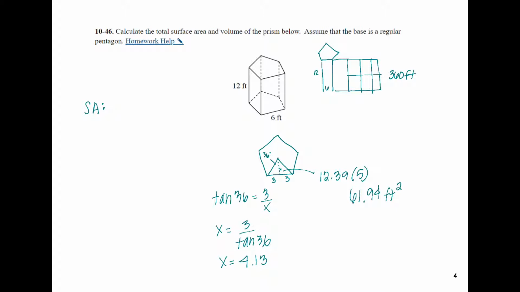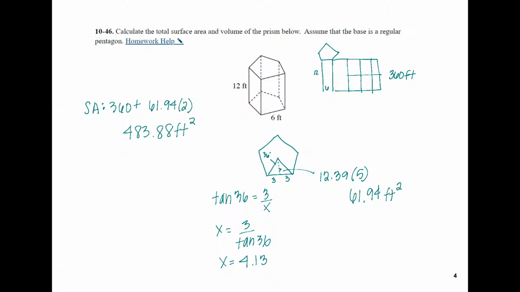So we need to take 360, add 61.94 times 2, which gives us 483.88 feet squared.